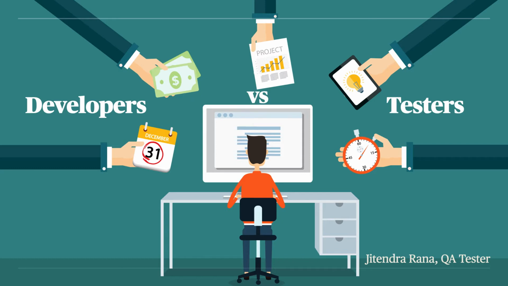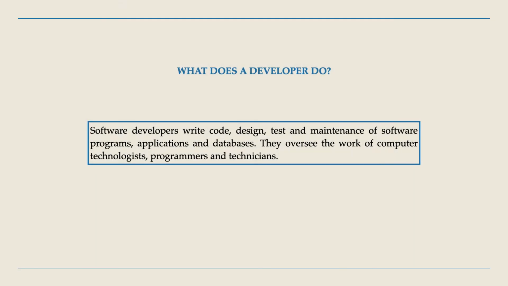So who are the developers and what does a developer do? They are computer engineers, software developers. They write code, design, test, and maintain software programs, applications, and databases. They oversee the work of computer technologists, programmers, and technicians.